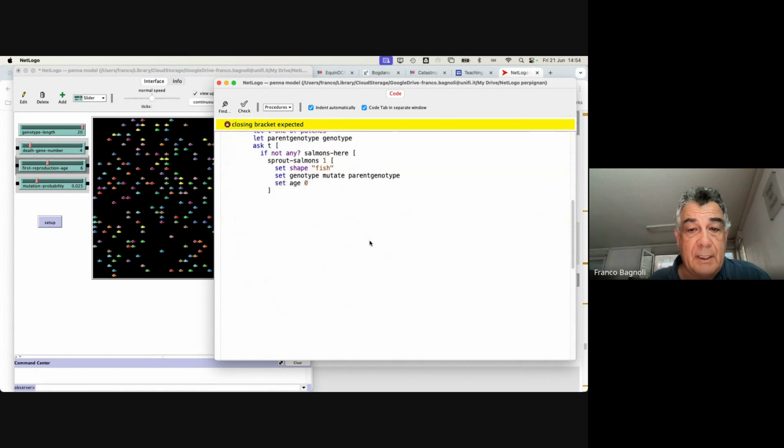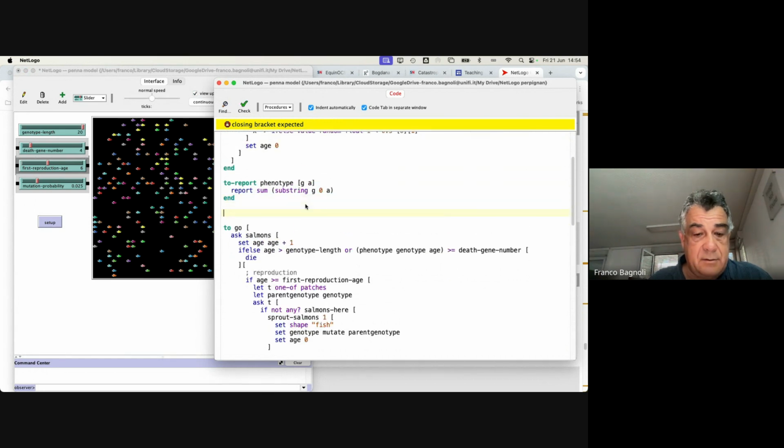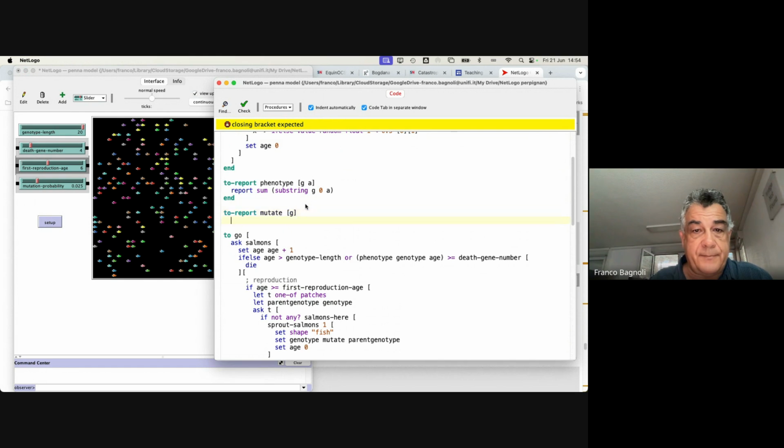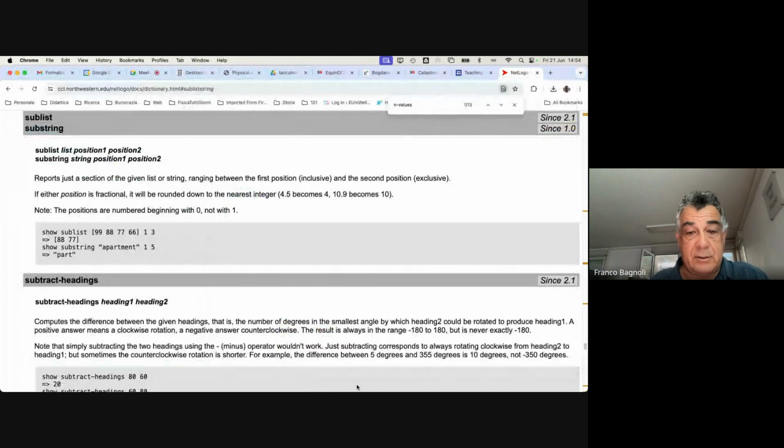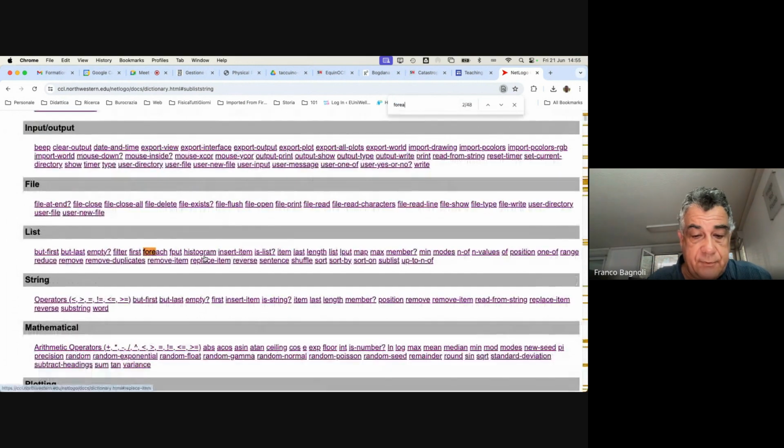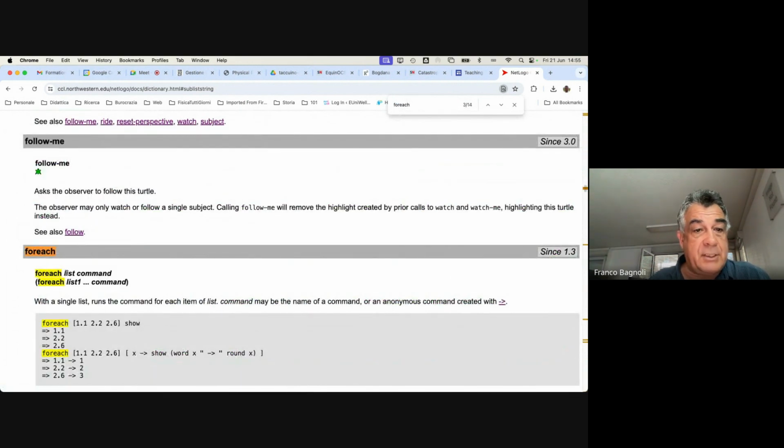So let me write to-report mutate G. And so we can report for each... I never remember the order of arguments for the foreach and list commands.